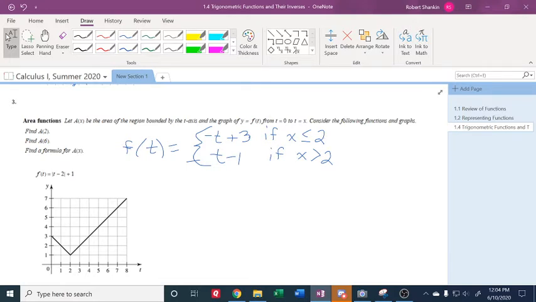So now you are to find A of 2. Use your picture. You can use this function if you need to. And then find A of 6. And then we'll together work on finding a formula for A of x.